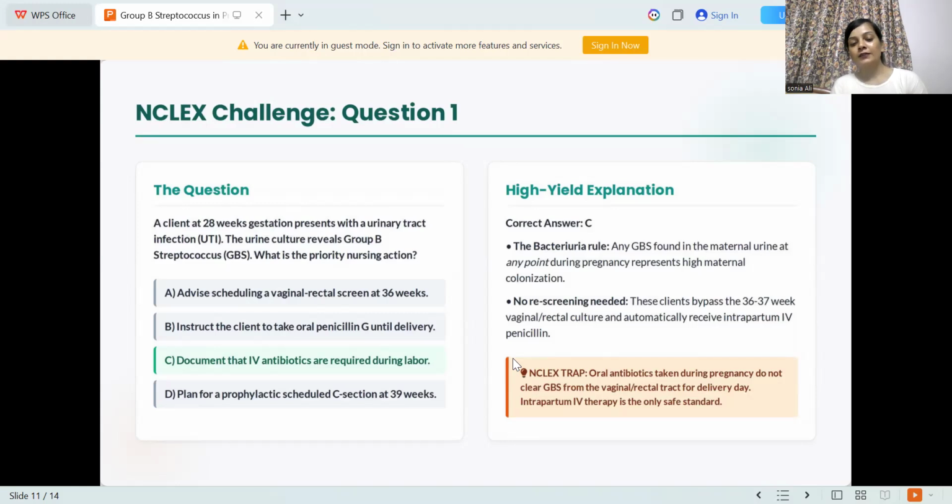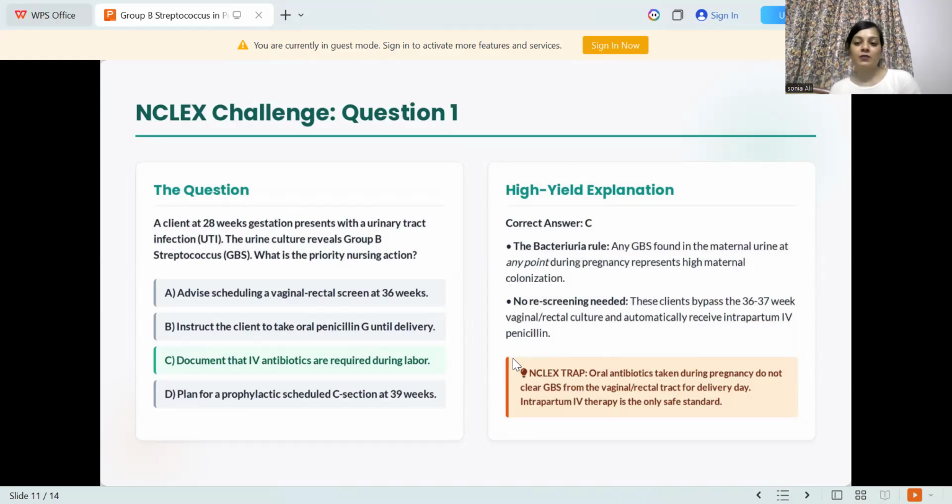If the patient has an infection found at 28, 29, or 30 weeks in the urine test, not a swab culture but urine test, they bypass the 36 or 37 week vaginal or rectal swab and automatically receive intrapartum IV penicillin. NCLEX may trip you with oral antibiotics: taking them during pregnancy does not clear GBS from the vaginal and rectal tract for delivery day.